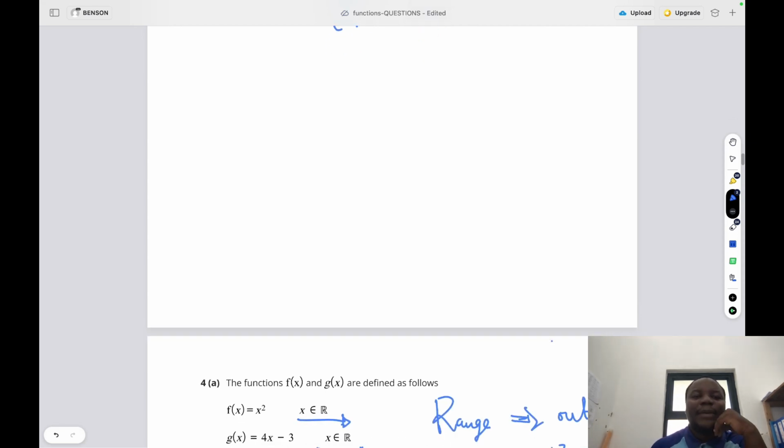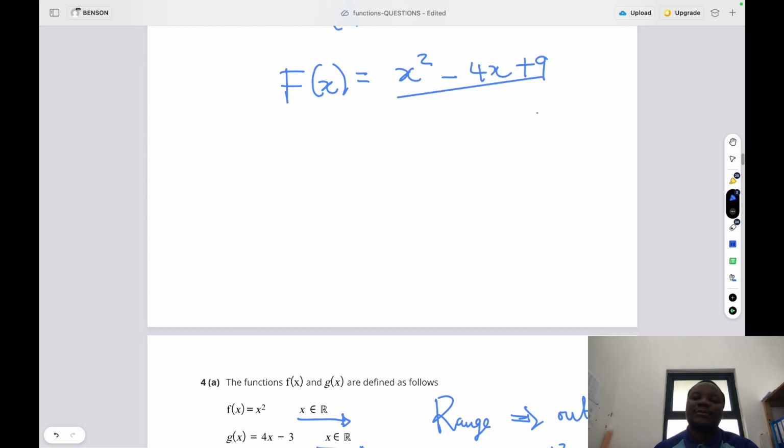You just do completing the square, and the constant term is your range. What I'm talking about is, let's say we've been given f of x equals to x squared minus 4x plus 9. They say find the range of this function.